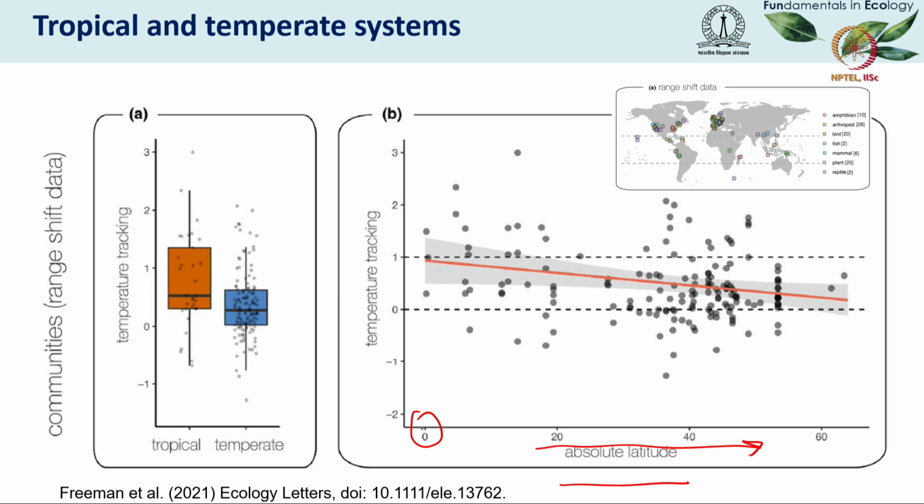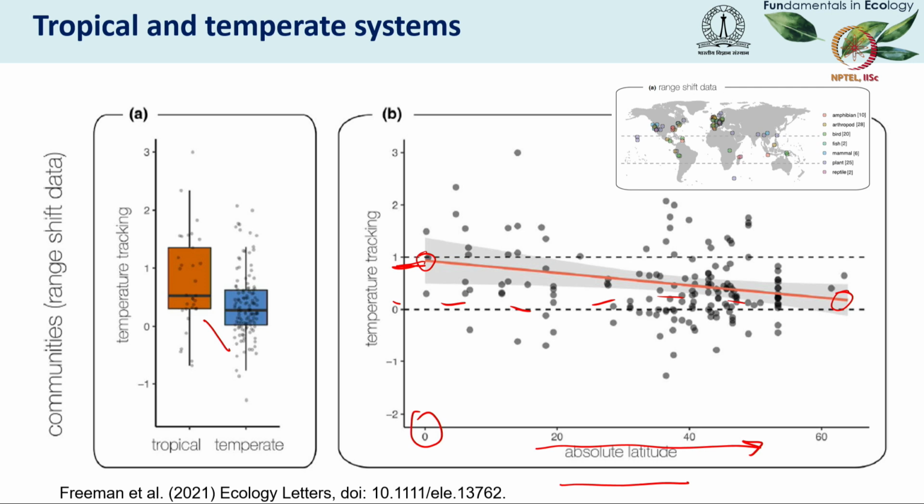Tropical species close to the equator track temperature by about 93%, whereas temperate species farther away from the equator don't seem to be tracking temperatures as closely. You will see that here as well: temperature tracking in tropical species is far higher than in temperate species.